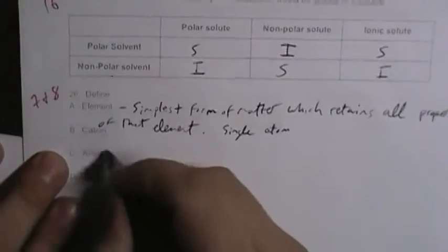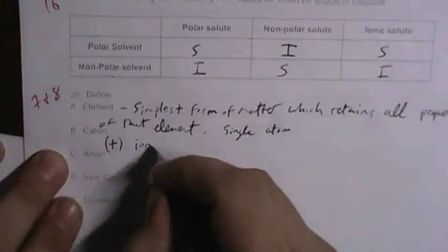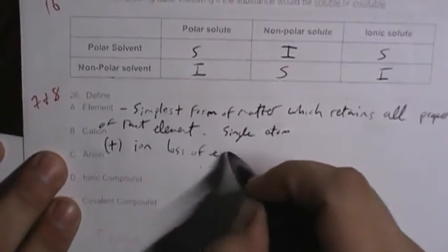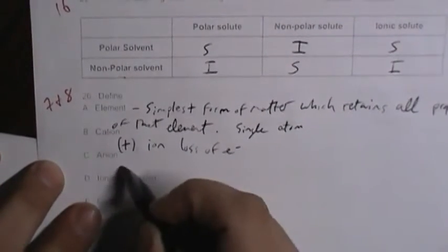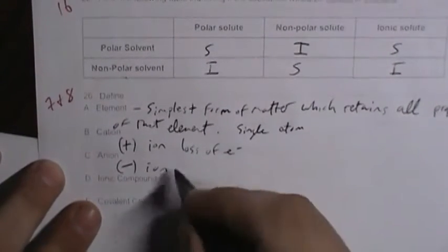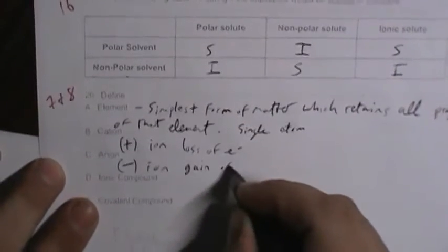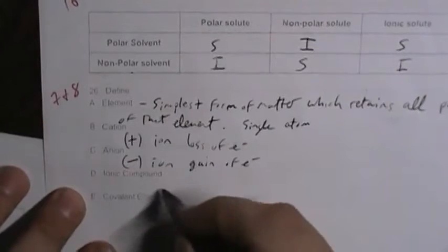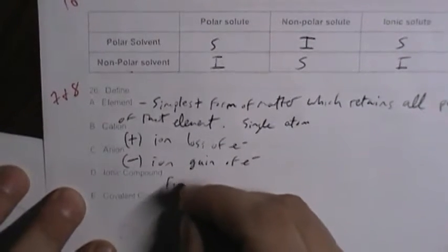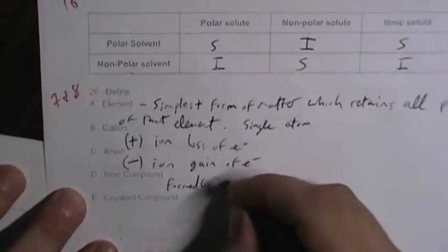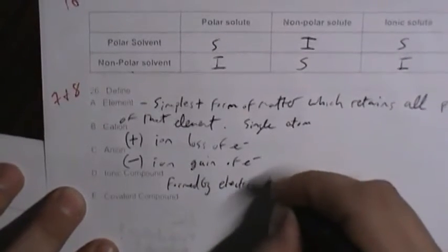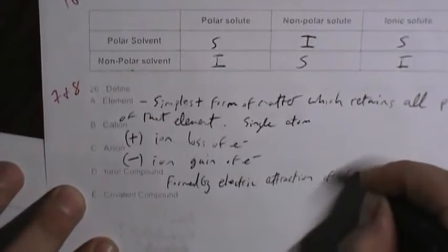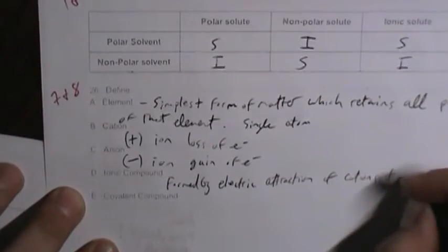Cation. Positive ion. It is formed by loss of electrons. Anion. Negative ion. Gain of electrons. Ionic compound is a compound formed by electric attraction of cations and anions.